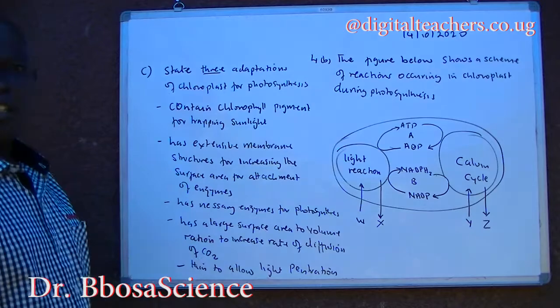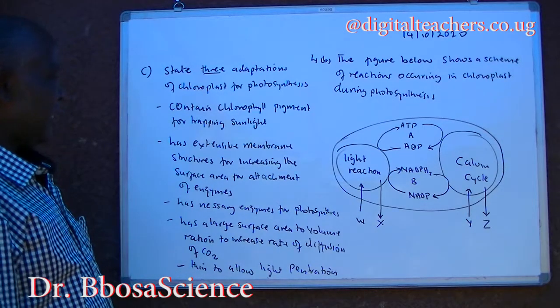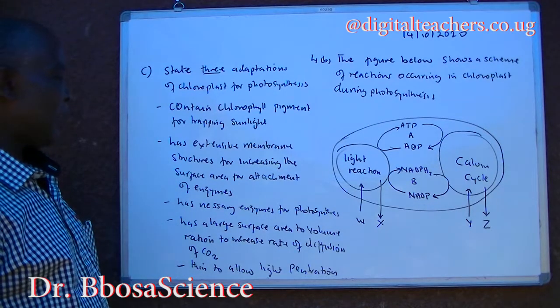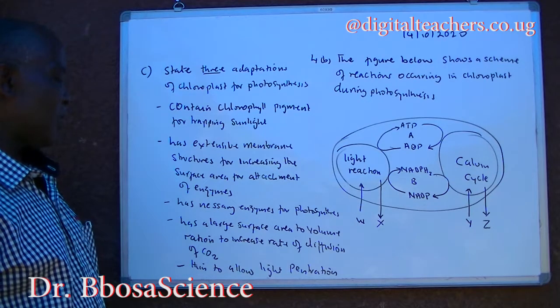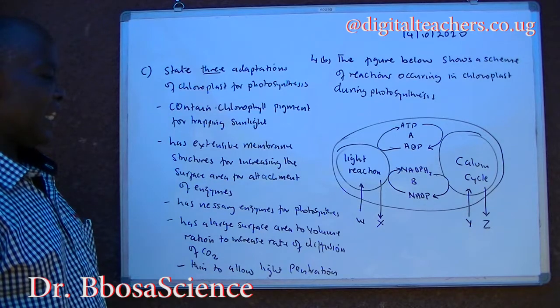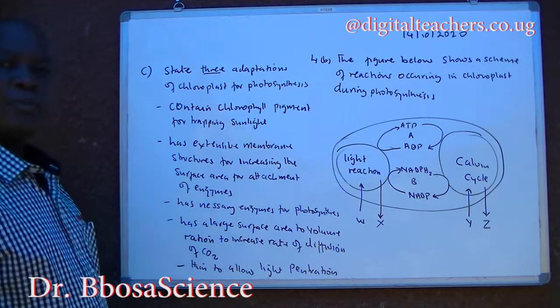1. It contains chlorophyll for trapping sunlight. 2. Has extensive membrane structures for increasing surface area for attachment of enzymes. 3. Has necessary enzymes for photosynthesis. 4.